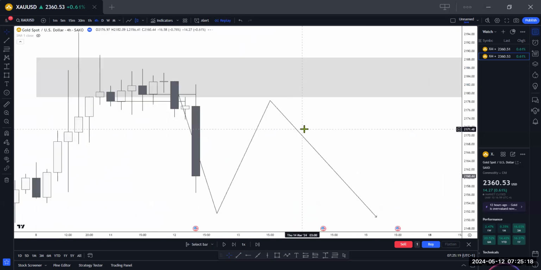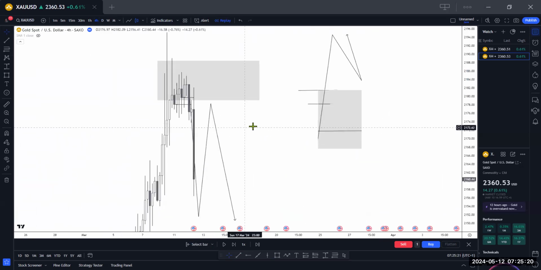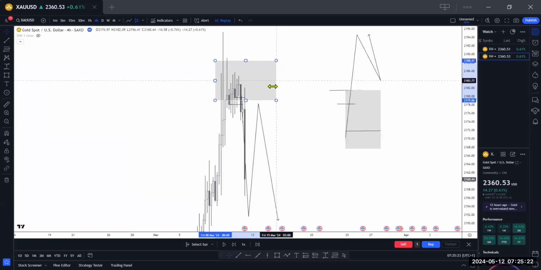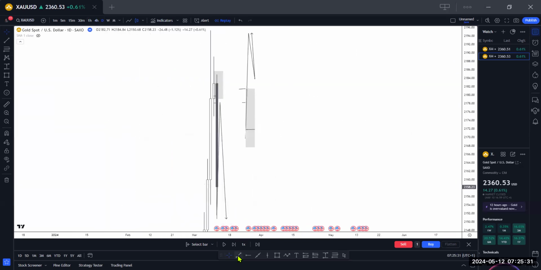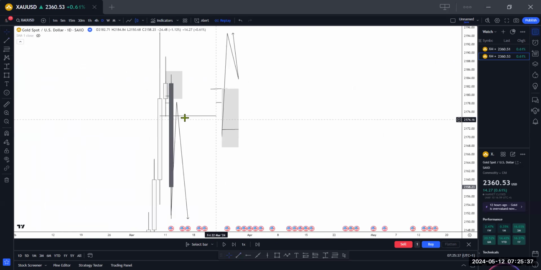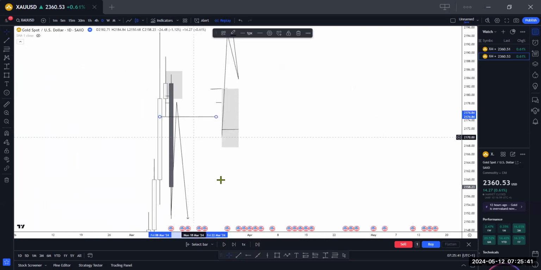Back to the H4. I should actually mark from the engulfing to the engulfing.